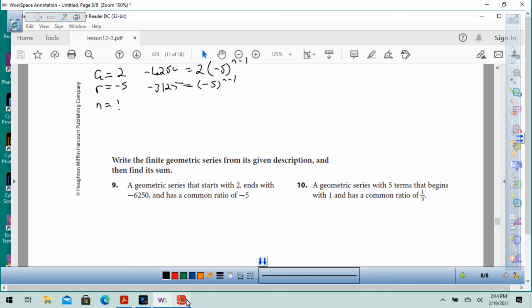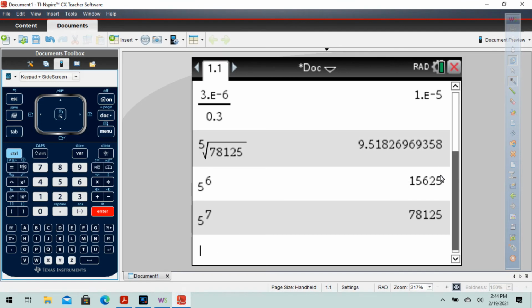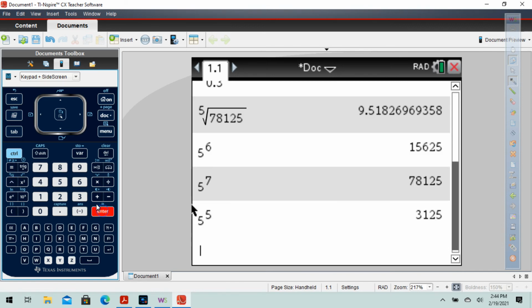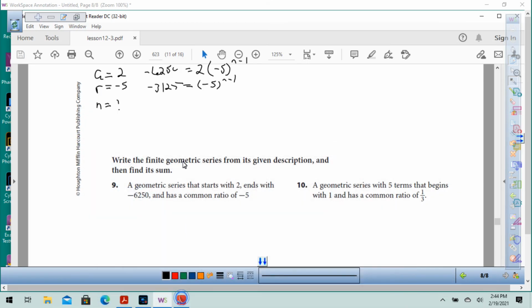Let's see here, we got a couple, 3125, we don't have that one in there, but that kind of narrows it down. 5 caret, and let's try 5. 3125, okay? So this is going to be negative 5 to the 5th power equals negative 5 to the n minus 1. Again, common base. So we got 5 equals n minus 1, 6 equals n.